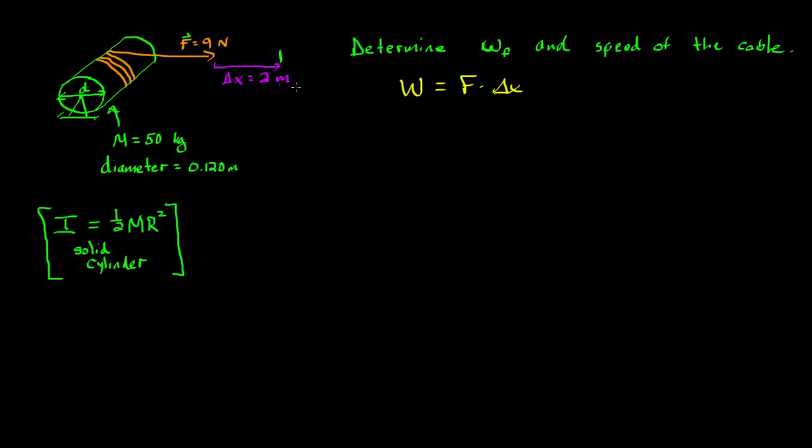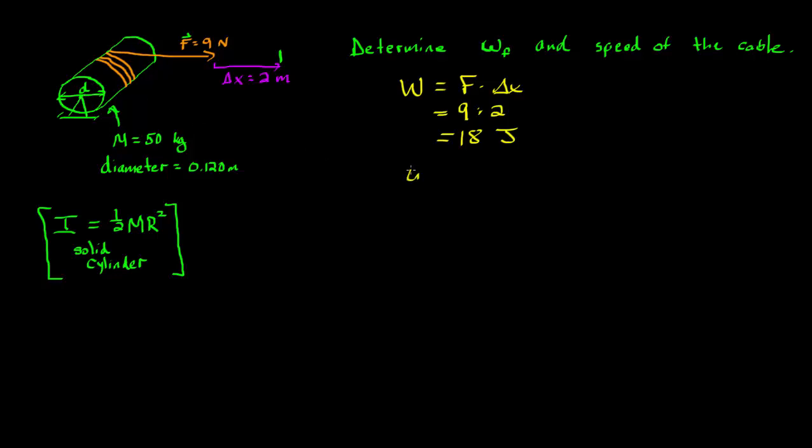That would just be 9 times 2 meters, so we get 18 joules of work. We're assuming everything's frictionless, so all that work is going to go into the kinetic energy of this rotating drum.